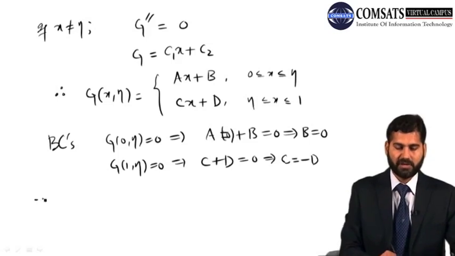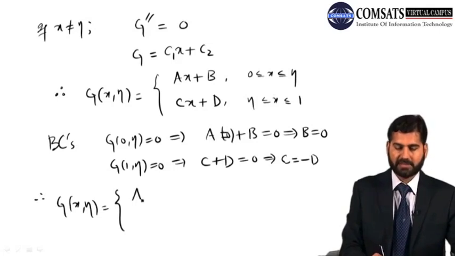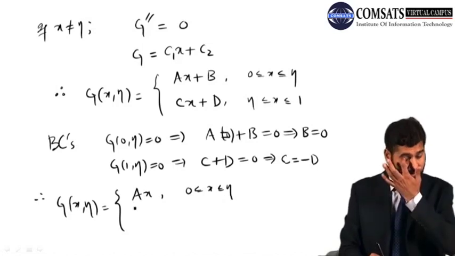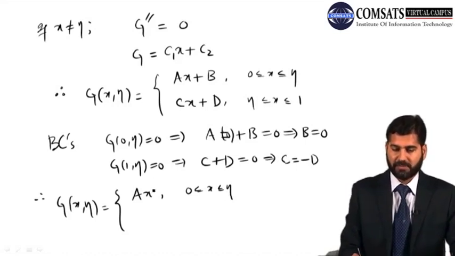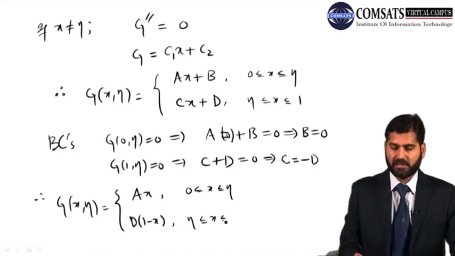Alright, so therefore your G(x, eta) became Ax because B is 0, and C is equal to -D, so if I replace C by -D and take D as common, it will be minus x plus 1, so D times (1 minus x). Now from 4 coefficients, A, B, C, D, you have just 2, A and D.